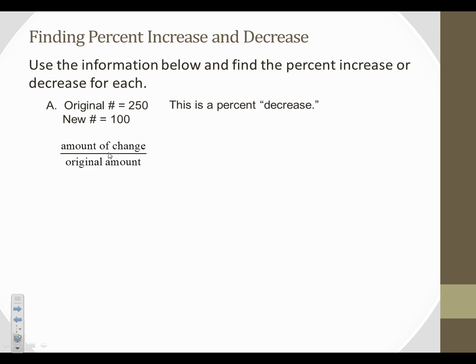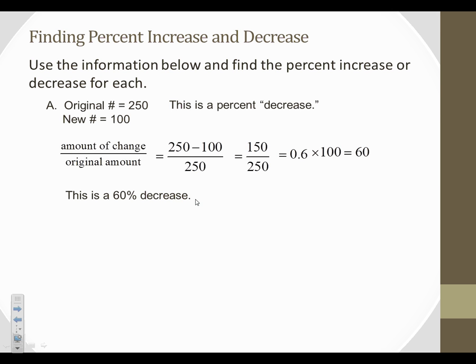The original always goes on the bottom. 250 minus 100 is 150 over 250, giving us 0.6, and then we said to change that to a percent, we would multiply it by 100. So this example gives us a 60% decrease.